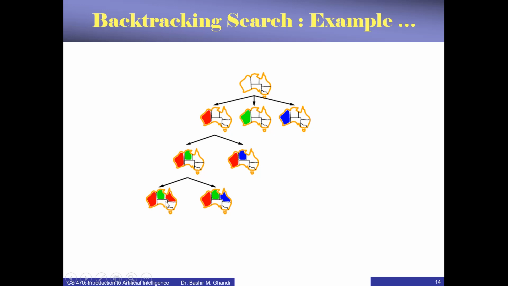And assuming this has been assigned to be blue, then this one can neither be red or blue, so it has to be green. Okay, and once we have this as green and this as blue, then this has no option but to be red again, and so on. So this is eventually how the algorithm will do this assignment.